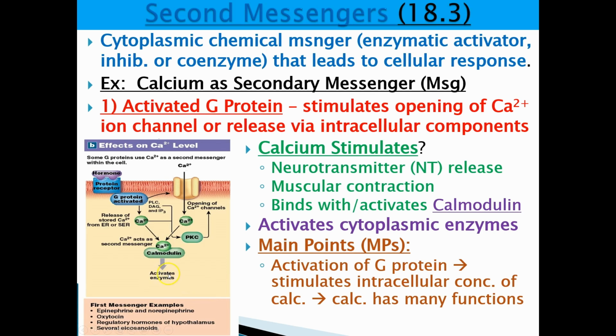This activation of enzymes is an enzymatic cascade that leads to the final product. It could be something like insulin release, where insulin exists as proinsulin, and when there's a signal, it causes the release of insulin and all those chemical changes. So all you need to know is when calcium enters, it stimulates calmodulin, which activates enzymes.